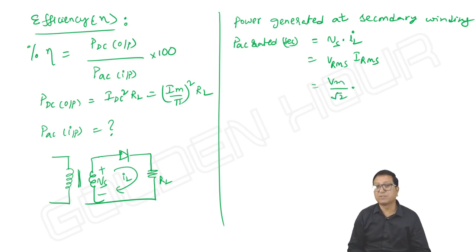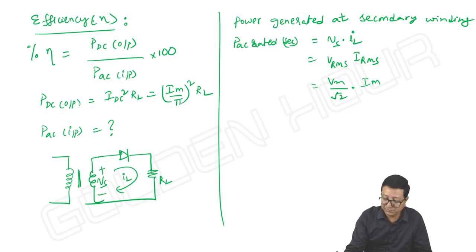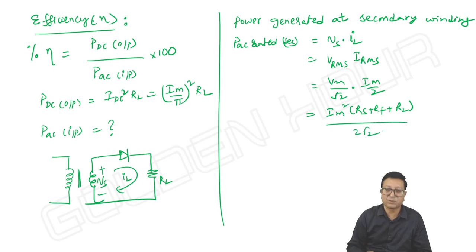And RMS value of load current, I calculated it already. It is Im by 2. So Vm can also be written like Im into Rs plus Rf plus RL, multiplied with Im, so Im square by 2 root 2.